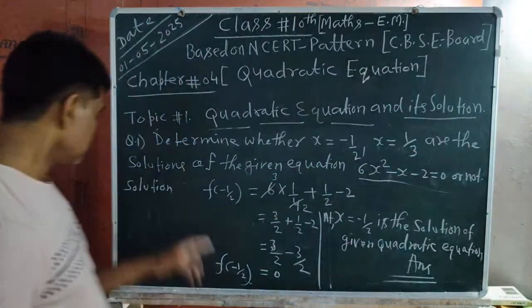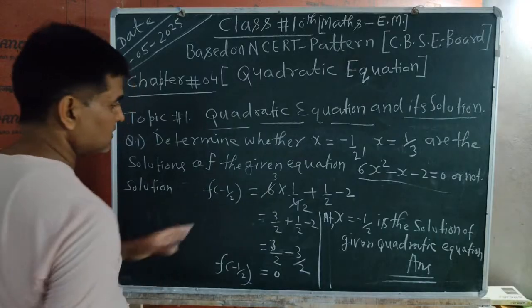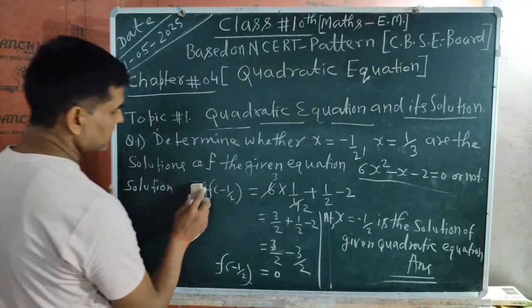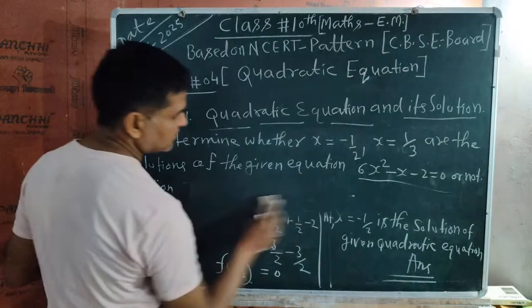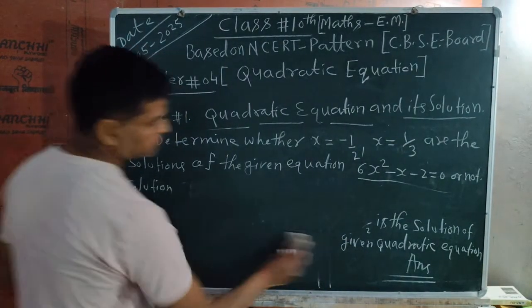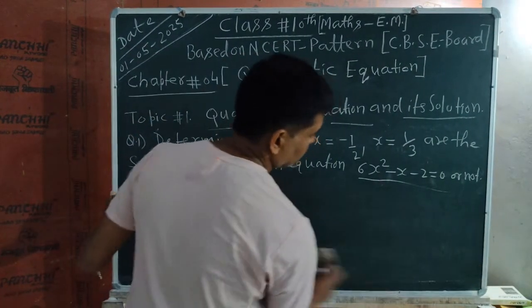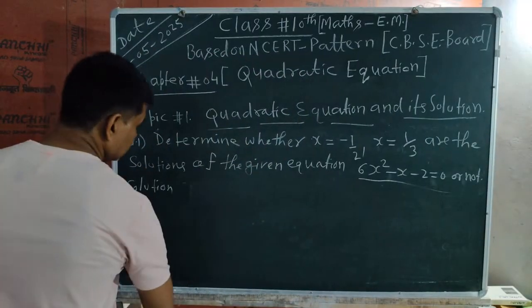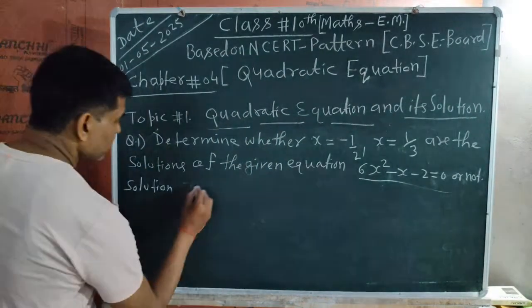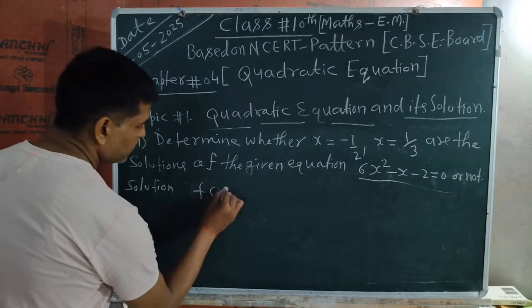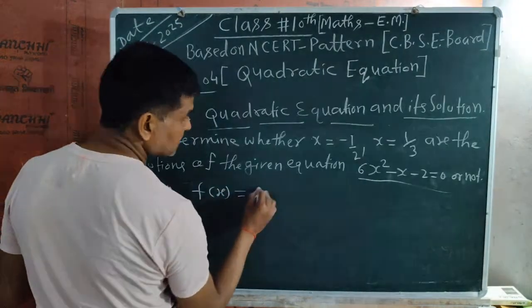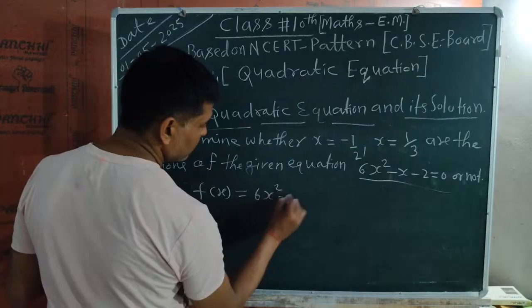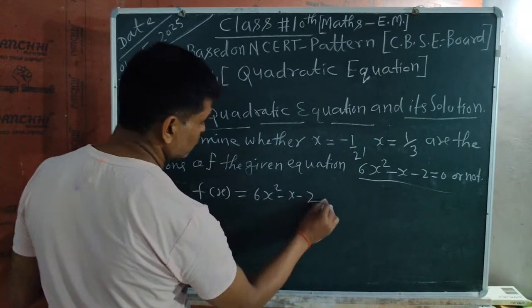Okay, student. So now further I am going to erase the above data, and after erasing I will calculate the information of the second value. That is the second one. Now the given function which is 6x square minus x minus 2.